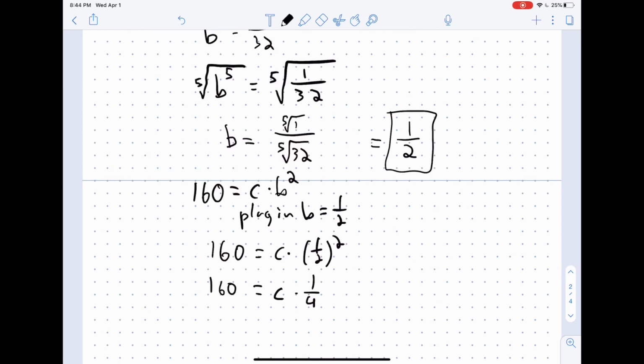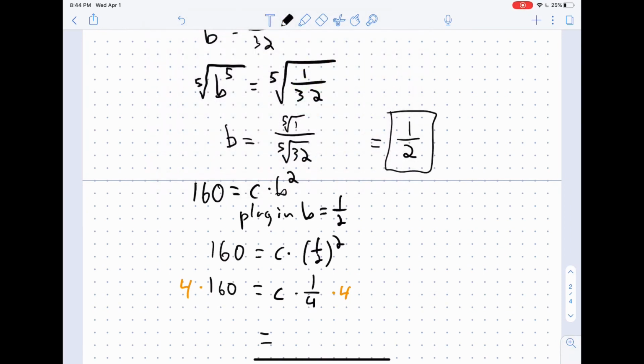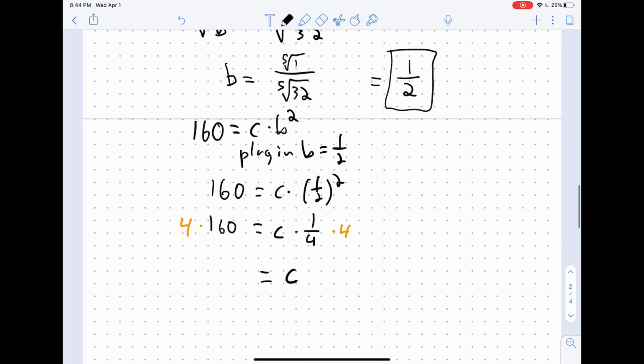Now, to cancel off the fourth, I'm going to multiply both sides by 4. On the right-hand side, everything cancels except for the c. And on the left-hand side, we have 4 times 160. That, once again, is a calculator problem, or you can do mental arithmetic if you want. Let me see. 4 times 160 is the same as 2 times 320, which is the same as 640.